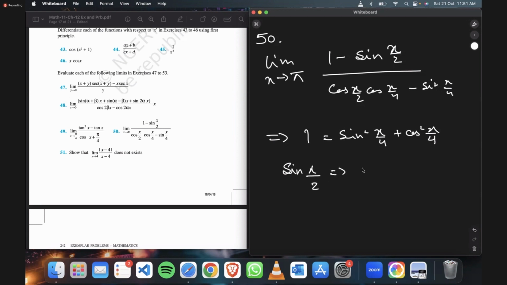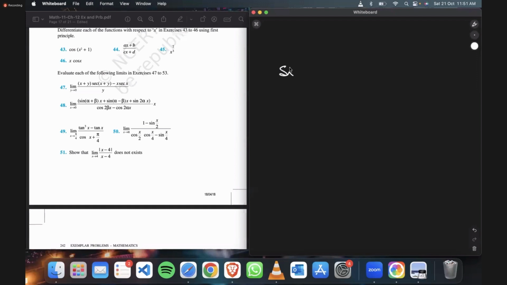It will be 2 sine x by 4 cos x by 4. Simple. So if I put in these values, I'll be left with sine square x by 4 plus cos square x by 4 minus 2 times sine x by 4 and cos x by 4.